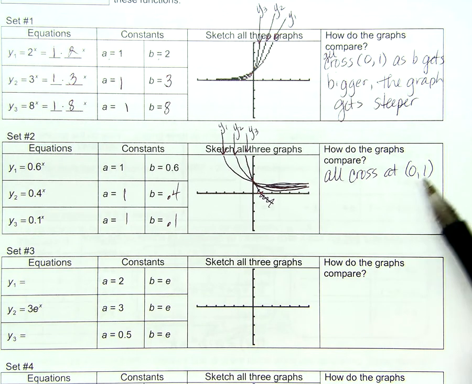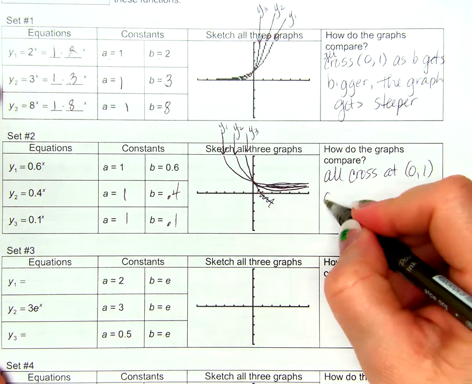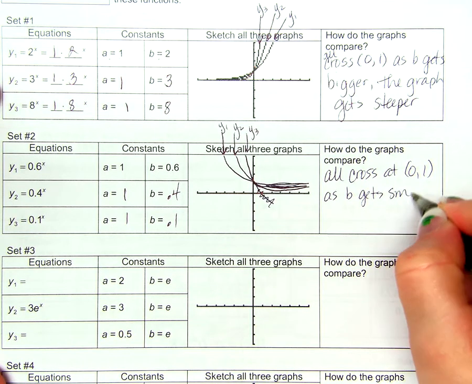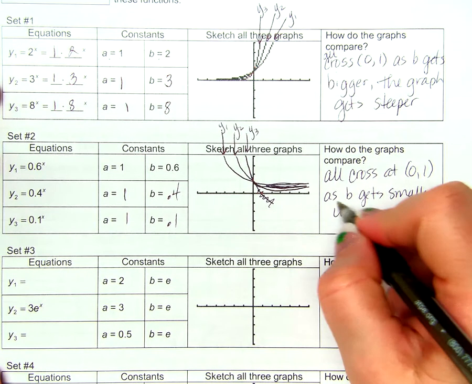So they all cross at 0, 1. And what? As B gets smaller, it gets steeper?